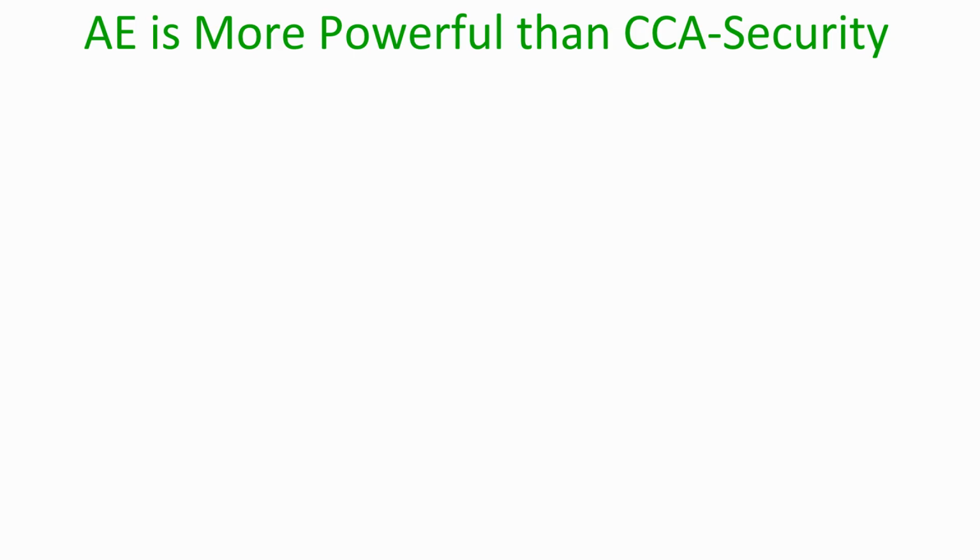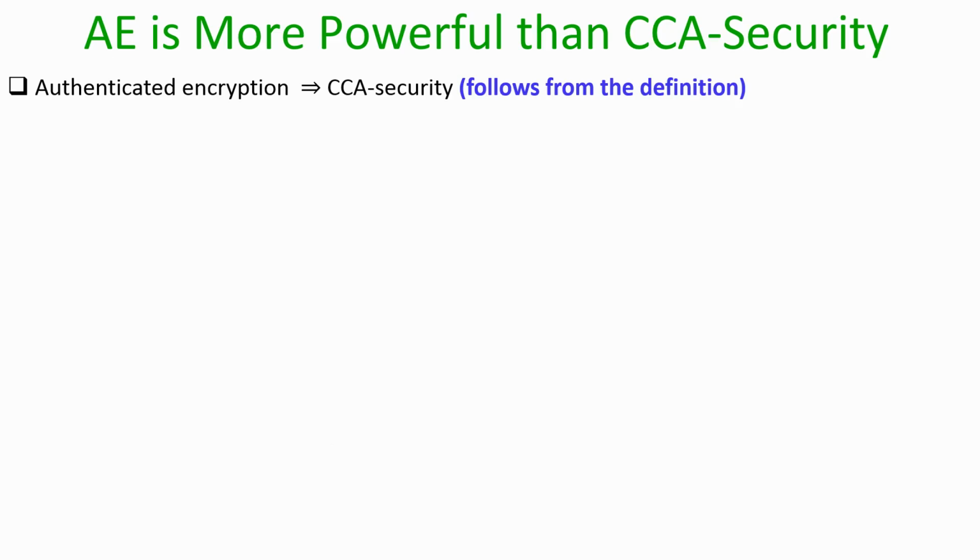So, now let us see the relationship between authenticated encryption and CCA-Security. It turns out that authenticated encryption is a more powerful notion than CCA-Security. Namely, it is easy to see that authenticated encryption trivially implies CCA-Security because it simply follows from your definition of authenticated encryption.